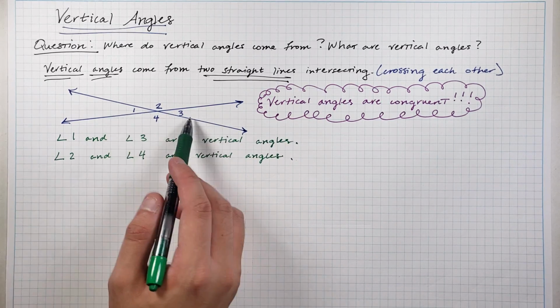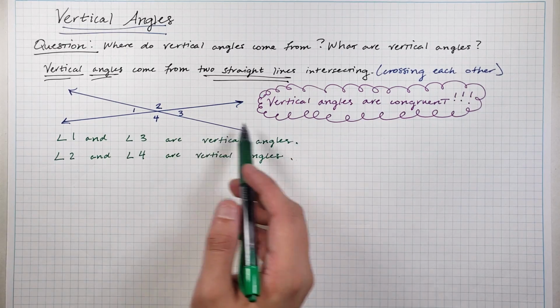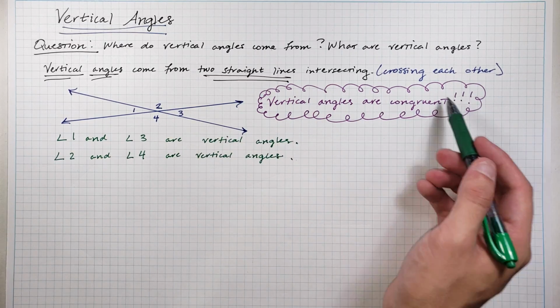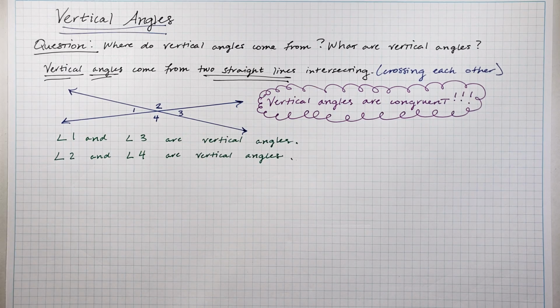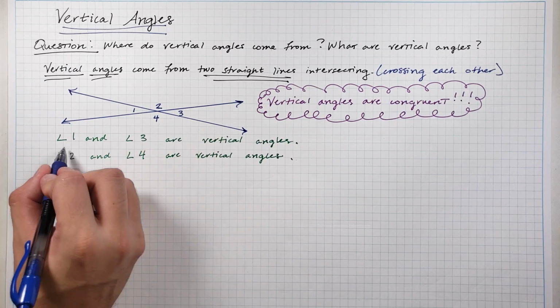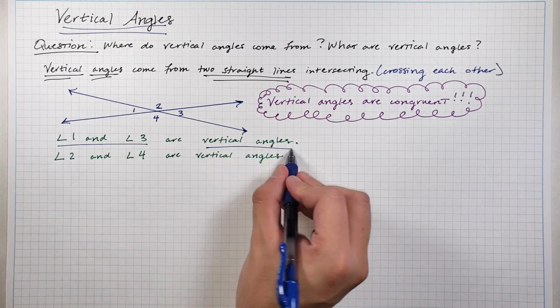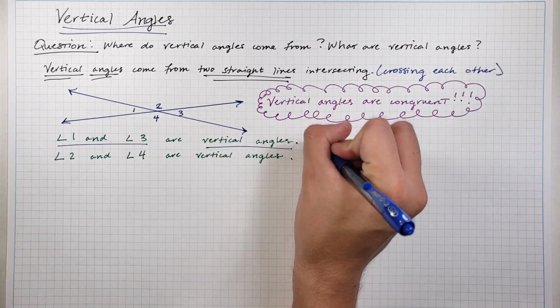Yes, they're vertical angles, but we also know that vertical angles are congruent. So since 1 and 3 are vertical angles, we know this.